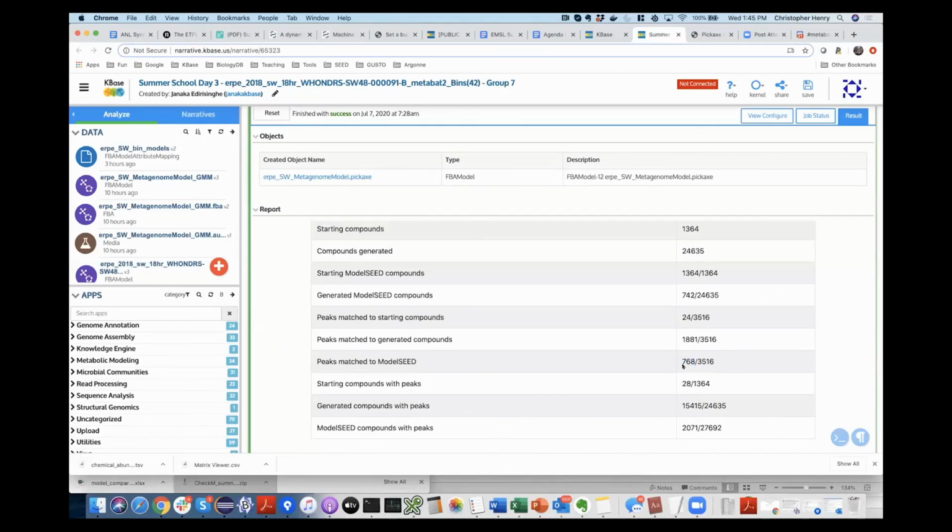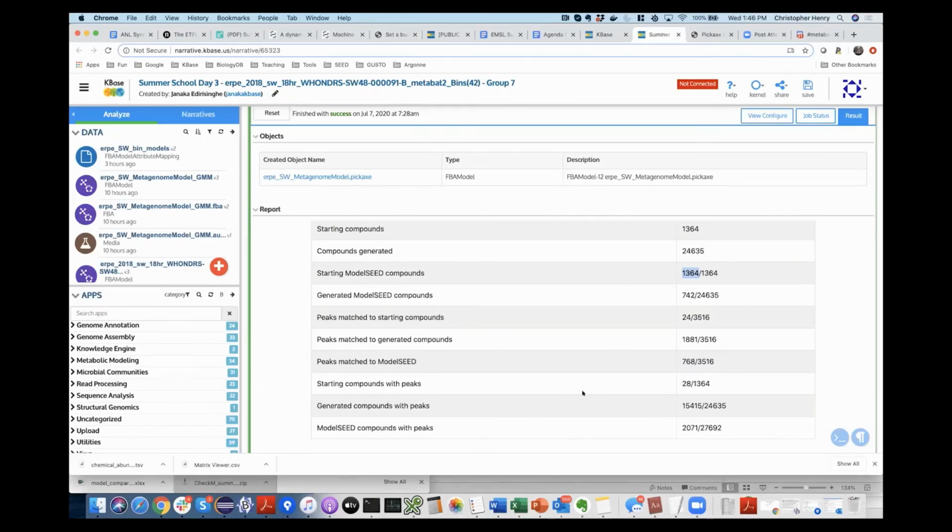But you would want to merge both the Pickaxe network and the ModelSEED network so you could benefit from all of these findings. But these 768, many of them are probably quite far from the compounds in your model. And they're formula matches. So again, formula matches, you want structure matches. Formula matches are really a good chance that they're not right.